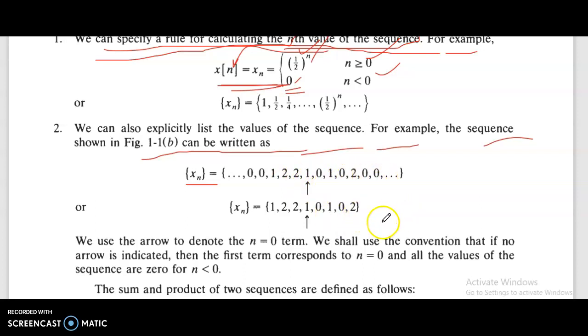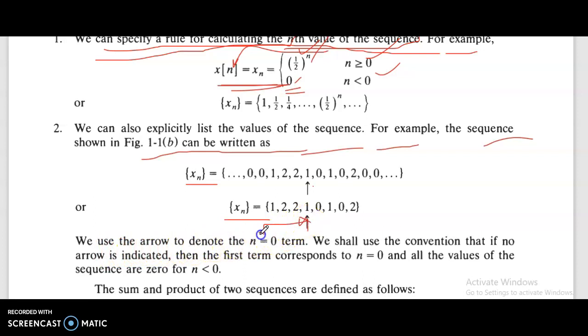Okay. Here is xn. From here we have to take xn. We use the arrow to denote n equal to 0.